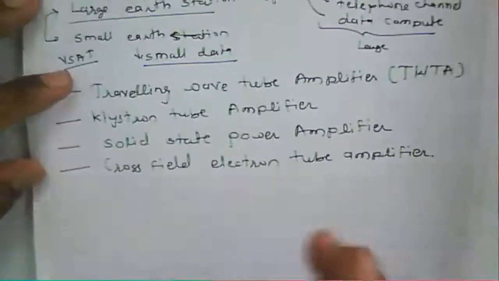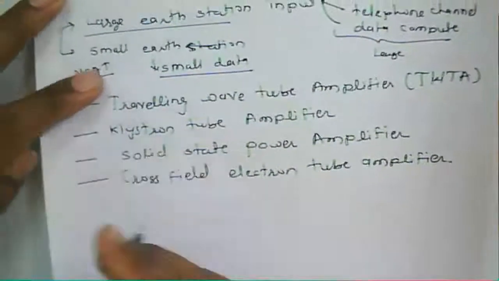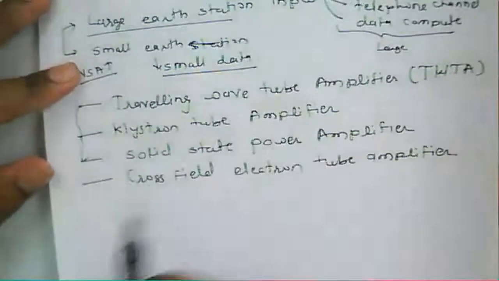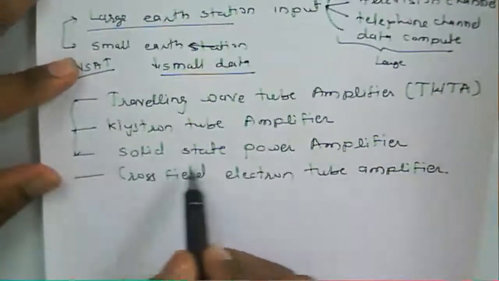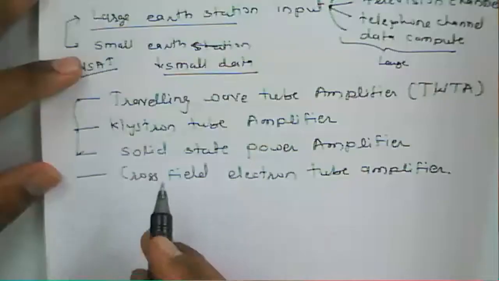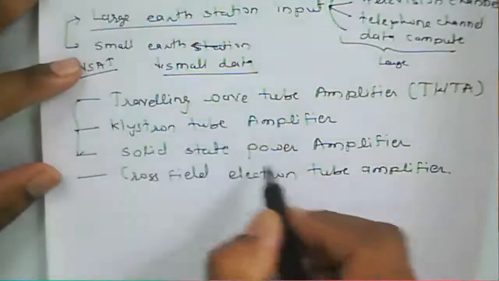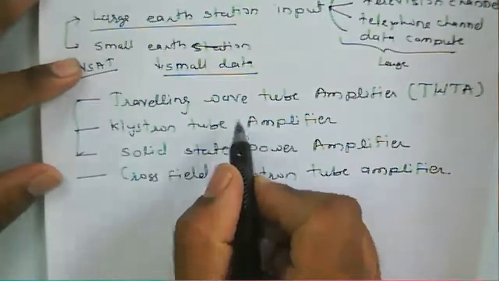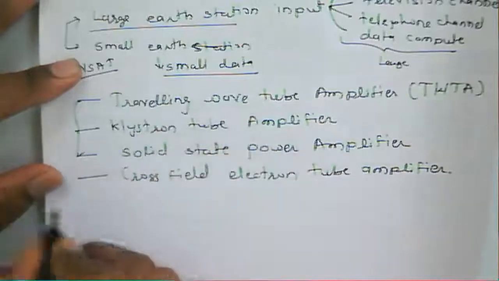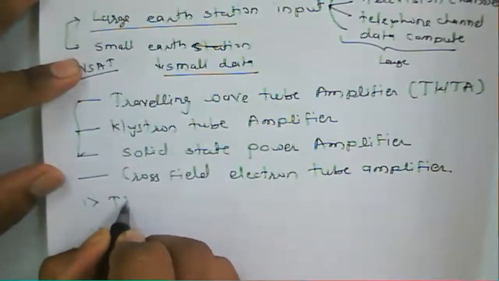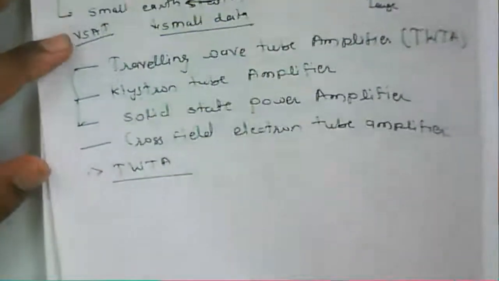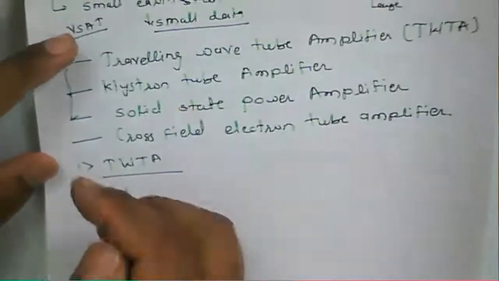In most applications, these three are used: the traveling wave tube amplifier, the Klystron tube amplifier, and the solid state power amplifier. All three generate large power. Consider the first one, the traveling wave tube amplifier.